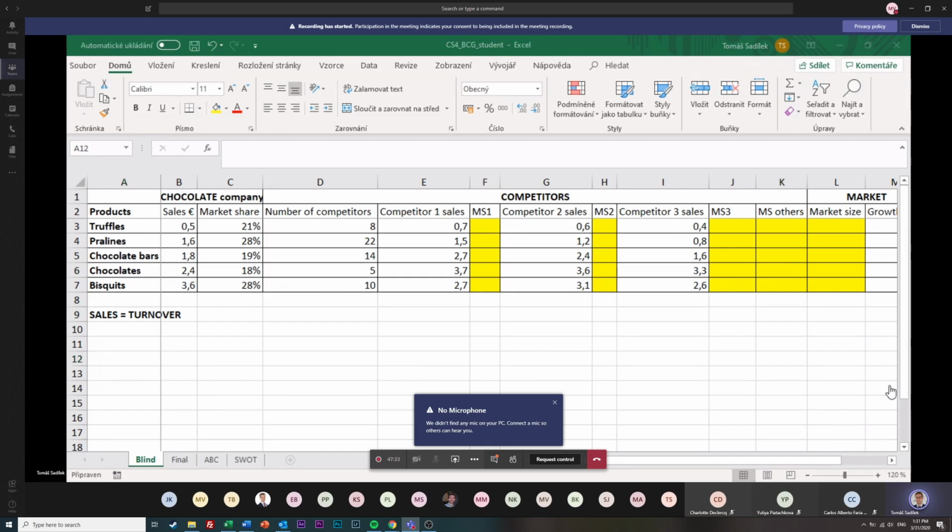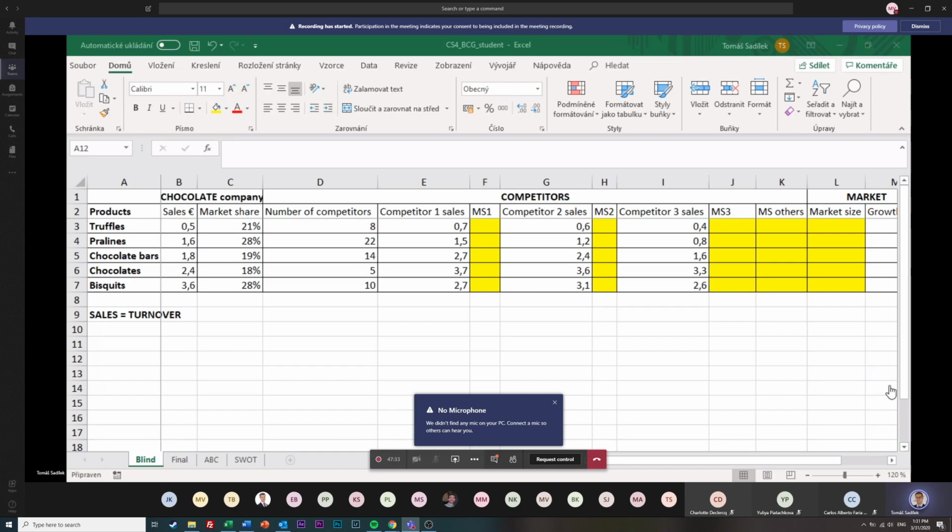Please open this file CS4 BCG student. You should see the totally same table as in the previous file. I just copied it from the previous file here in Microsoft Excel, and we're going to use it for the calculations. I hope that everybody has opened the file and is ready.